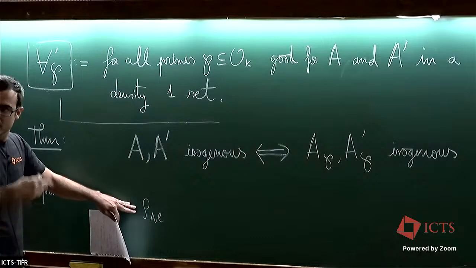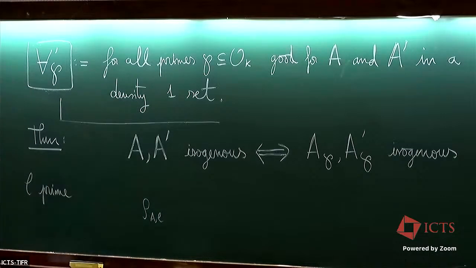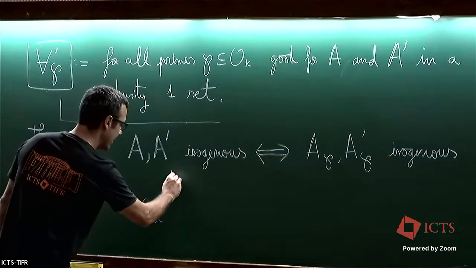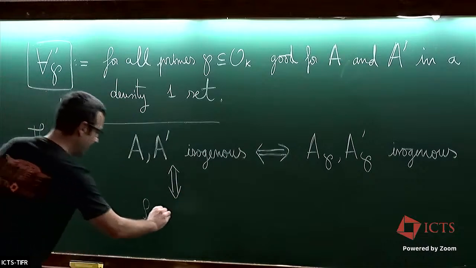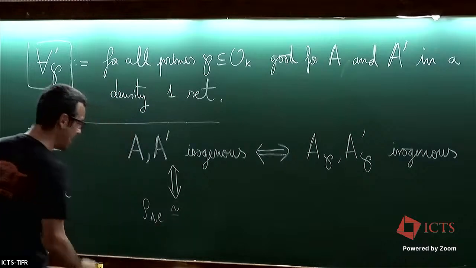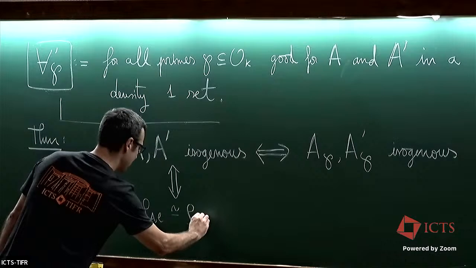And now the Tate module has the structure of a Q_l vector space of dimension twice the dimension of the abelian variety. And what Faltings showed is that A and A prime are isogenous if and only if the l-adic representations attached to A and A prime are isomorphic.